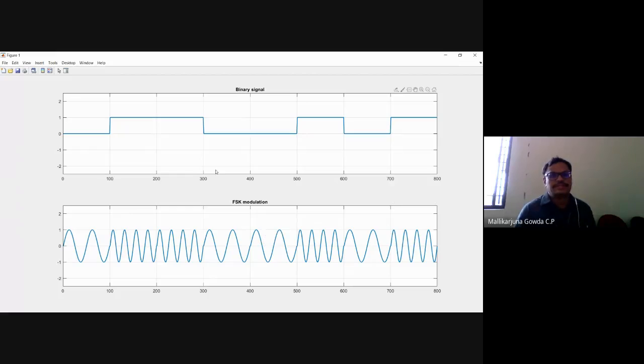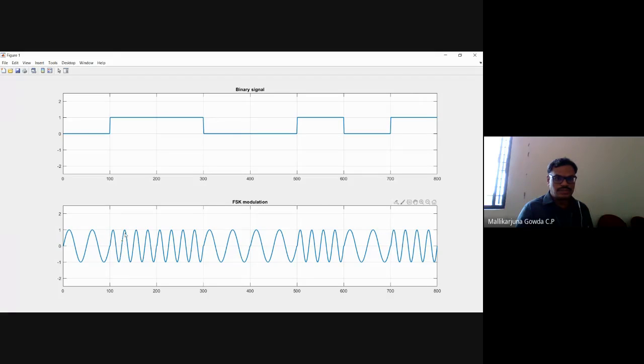See, I've taken the input binary sequence as 0, 1, 1, 0, 0, 1, 0, 1, right? As I said here, to represent symbol 0, I will be sending information 0 with 2 cycles, and symbol 1 with 4 cycles.